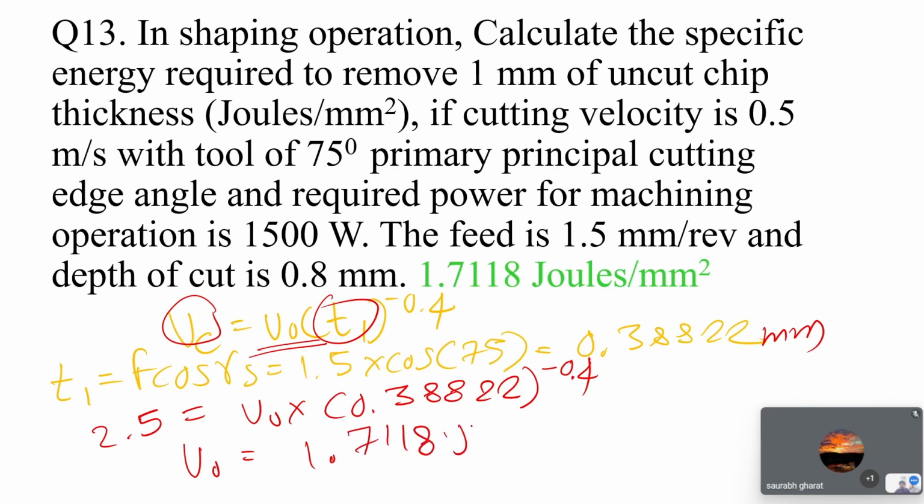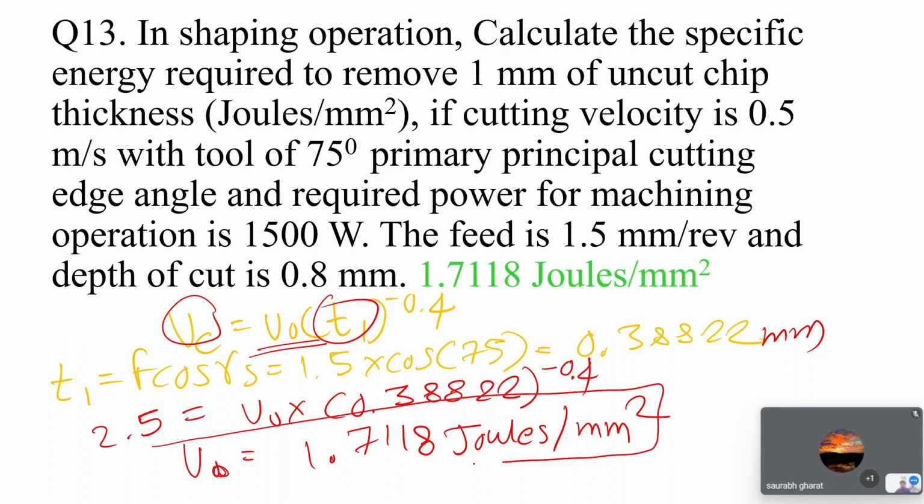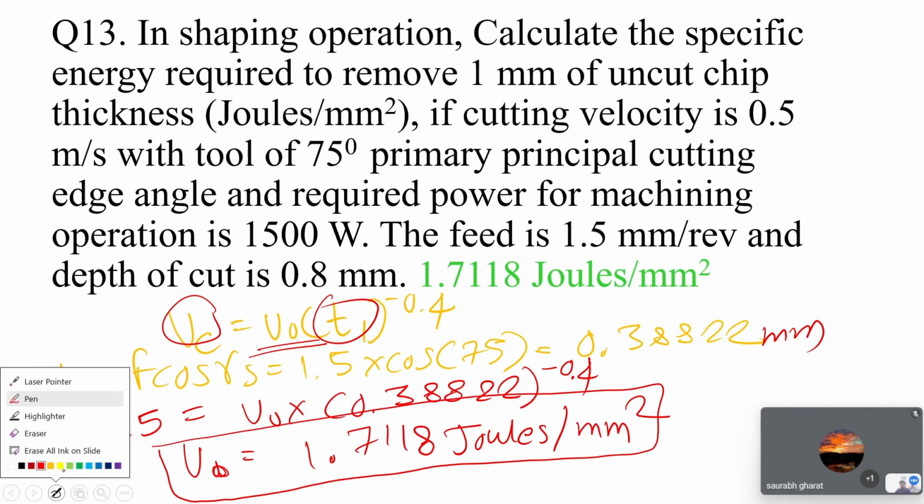So it will be 1.7118 joules per millimeter square. Okay, because you are calculating U0, per 1 millimeter of cut thickness. Okay, this is your answer. Just multiply. Okay, because why multiply, you know why multiply.